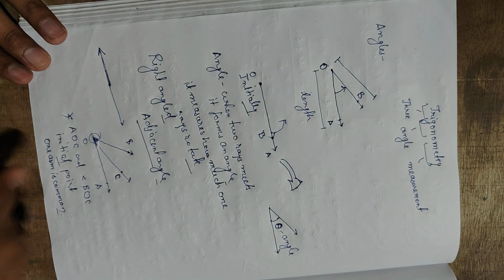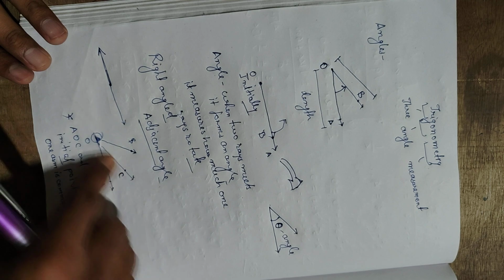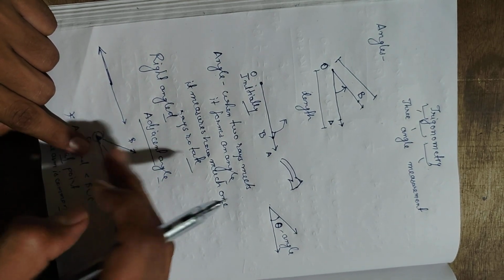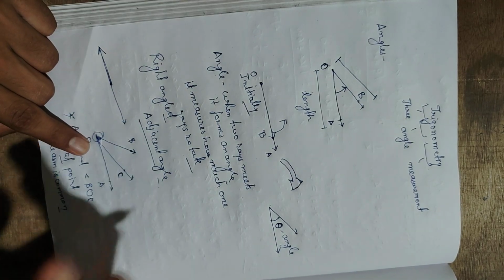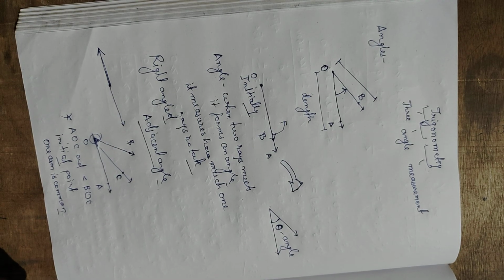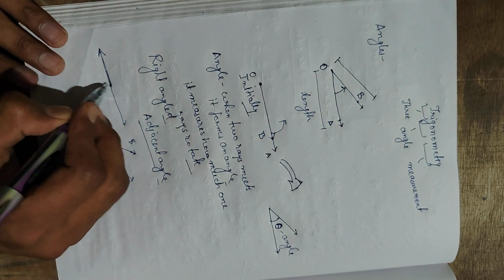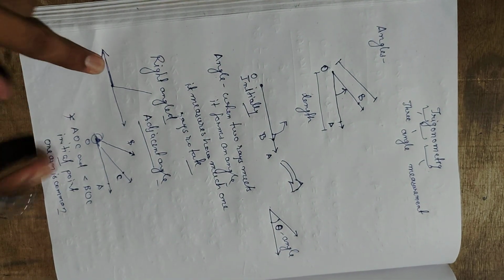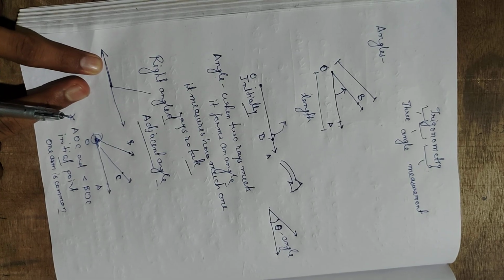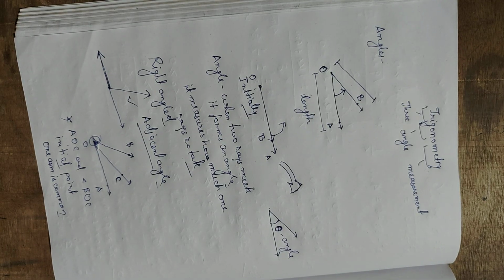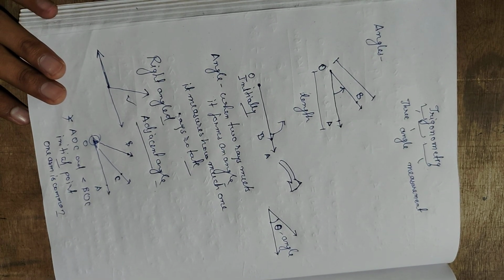Here I am just saying this is the ray, this is one side, this is the other side. So they can also be adjacent angles if they have a common ray.